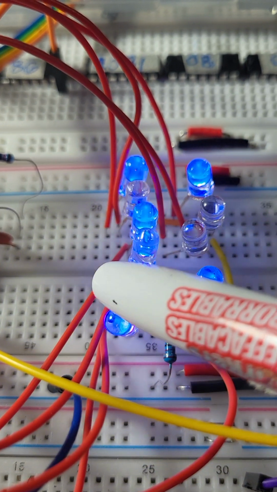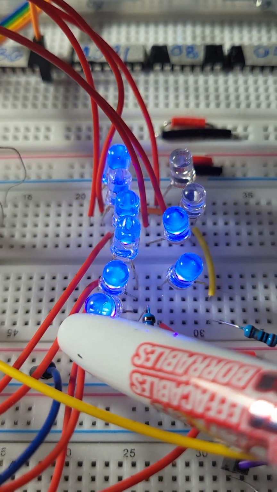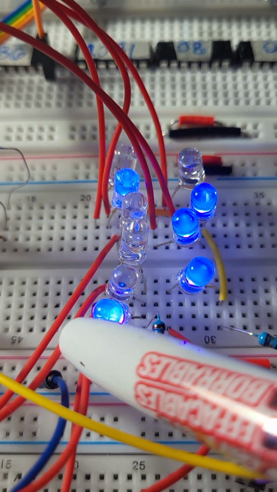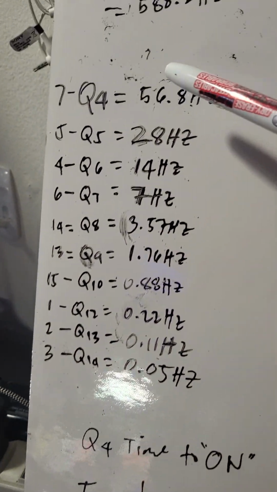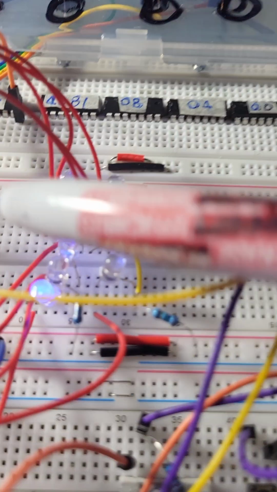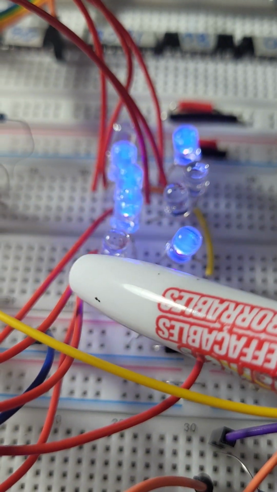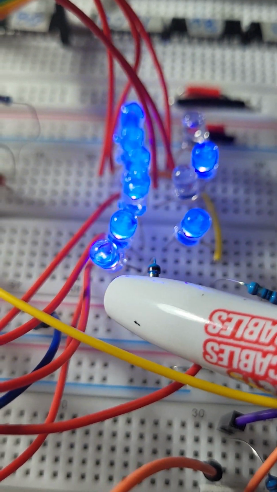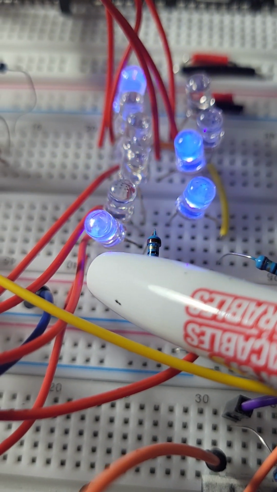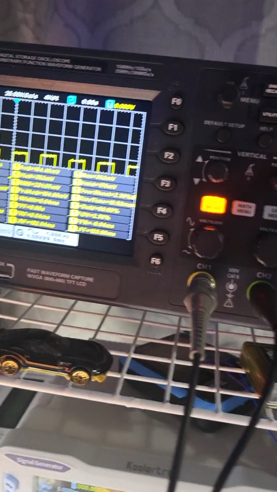It's like constantly turned on. Because of this higher frequency, you cannot see that the display is turning on and off, because it has a continuous frequency. So like this one.